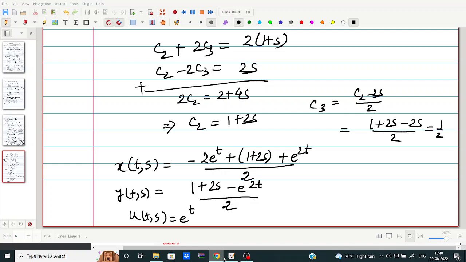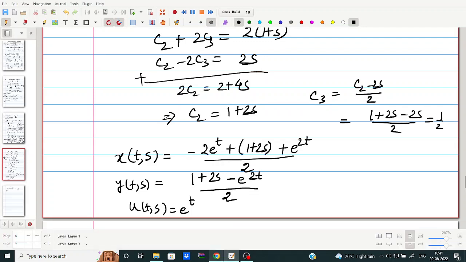So I have to put s equal to 1. So x(t) is minus 2 e power t plus 1 plus 2 is 3 plus e power 2t by 2. y(t) equal to 1 plus 2 means 3 minus e power 2t by 2, and u(t) is e power t.